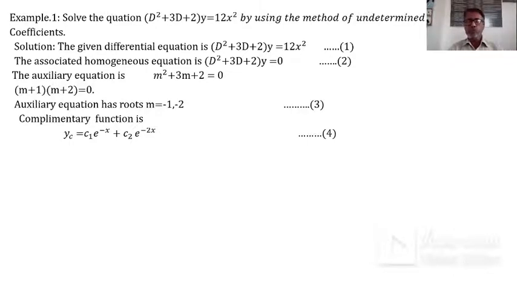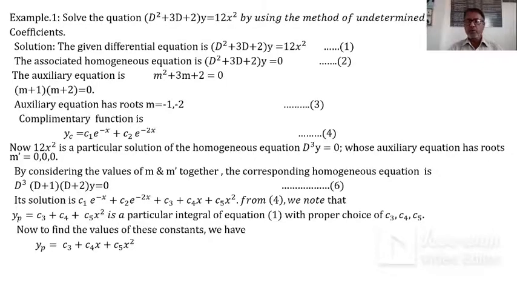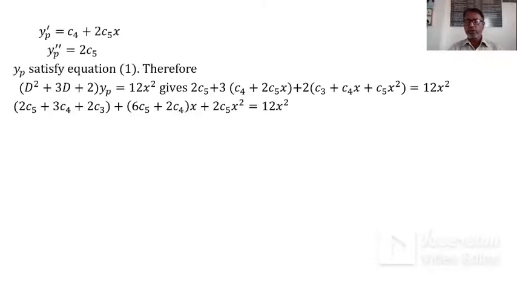And last time you have seen this example. We solved this example by using the method of undetermined coefficients.